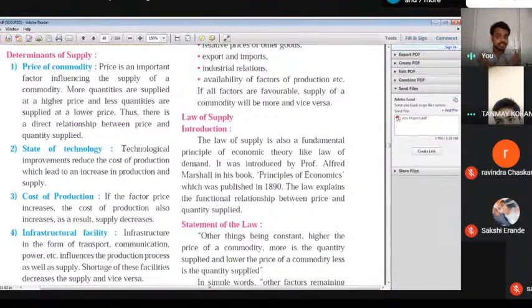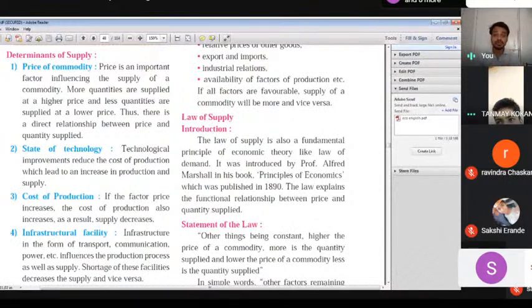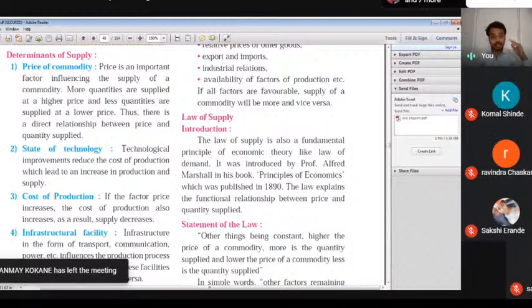Remember, if we think about gold, the price of 1 gram of gold is 5,000 or 6,000. Supply is very high because lots of people demand gold. If price is high, lots of people demand it. Determinants of supply means impact on supply.